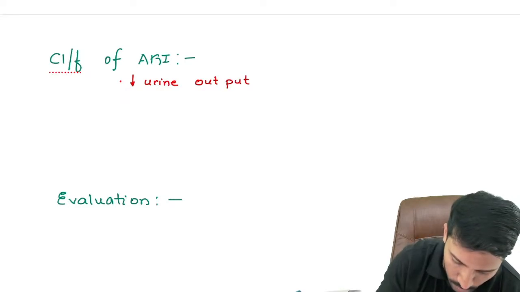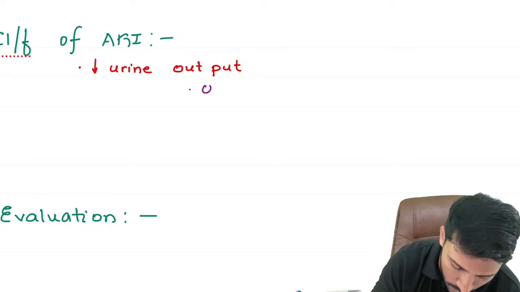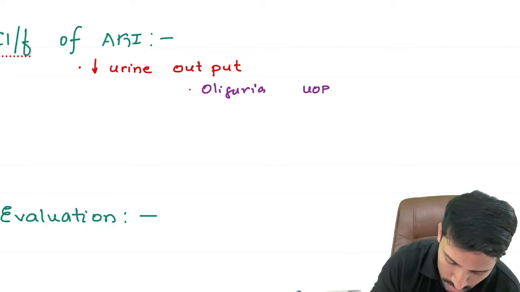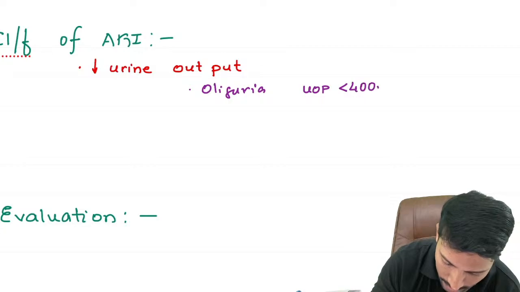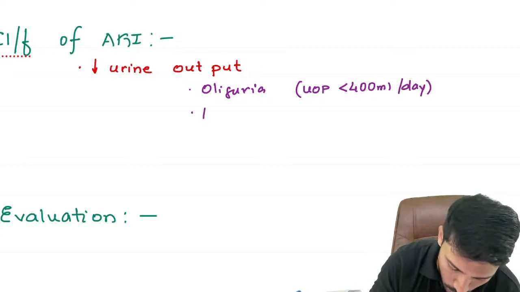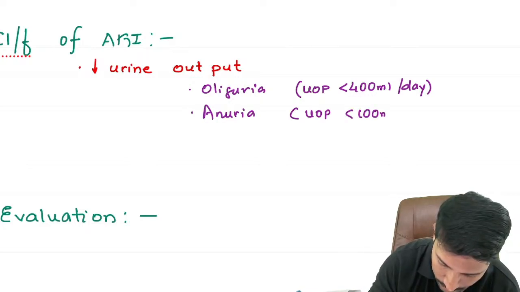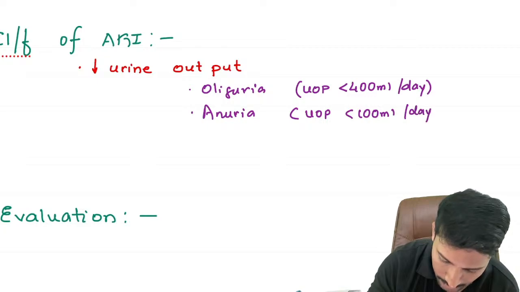Right here, you should mention when do you call it oliguria and when do you call it anuria. So there may be oliguria when the urine output is less than 400 ml per day, and we will call it anuria when the urine output is less than 100 ml per day.